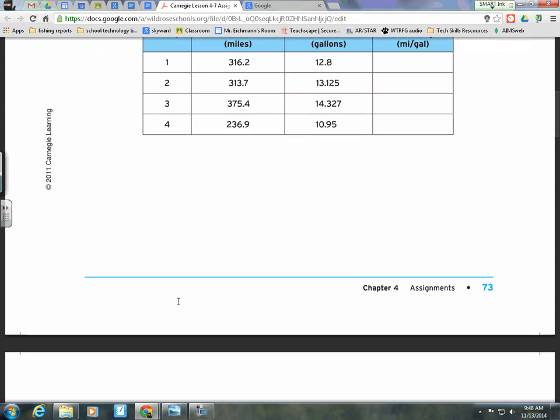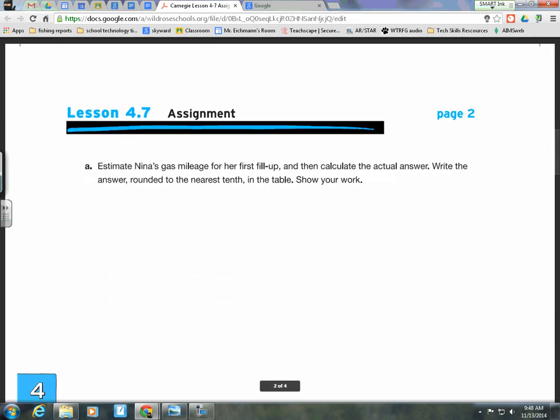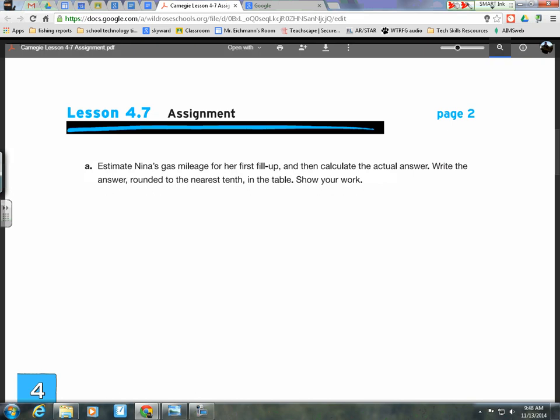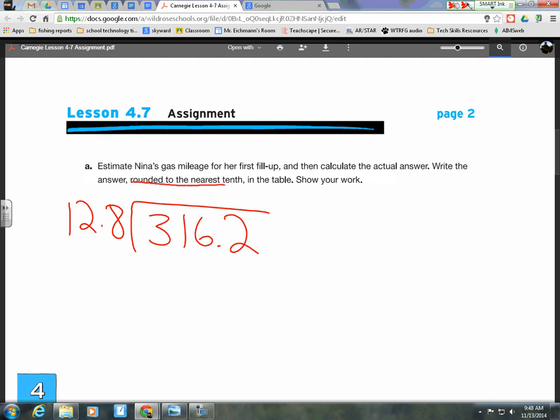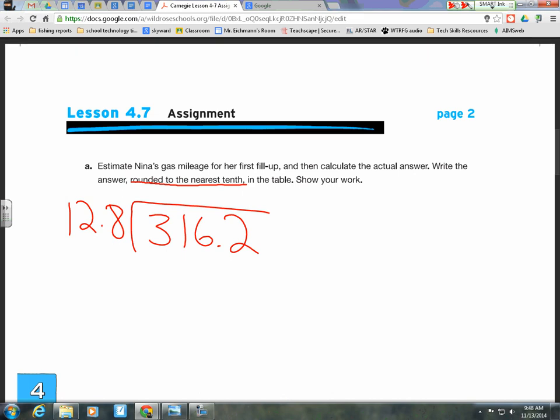So in this area right here, you take 316.2 divided by 12.8. You do the math, you solve the problem, and then you round to the nearest tenth and put it in the table. Okay?